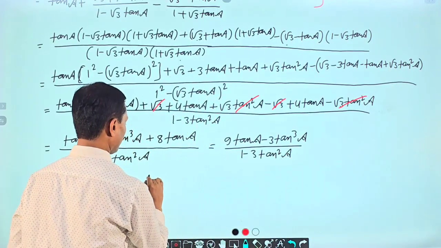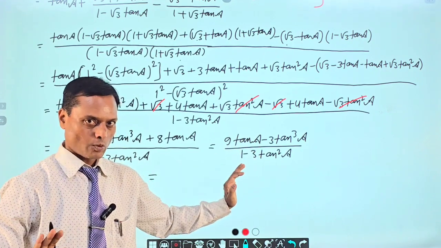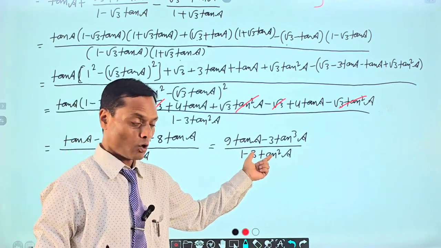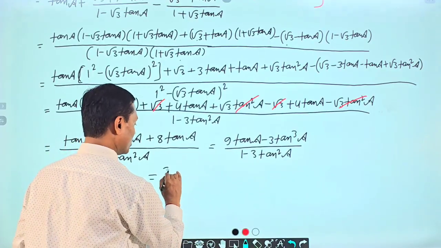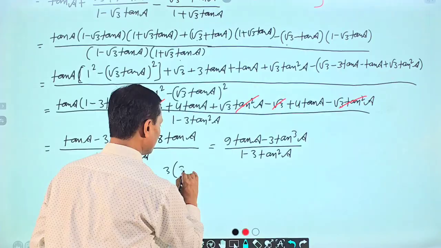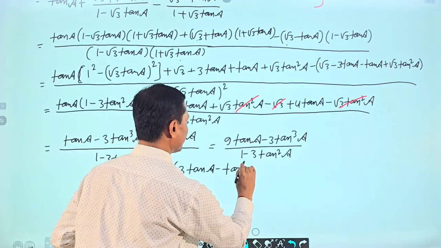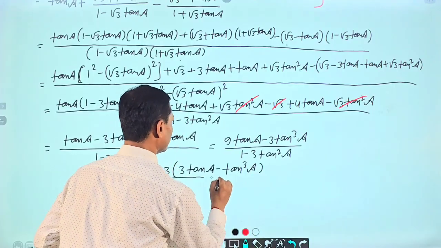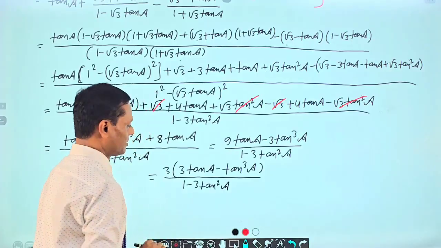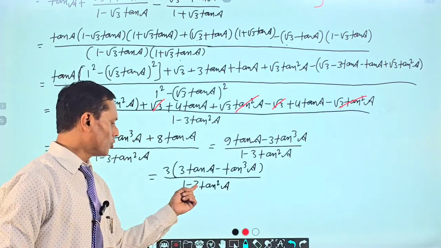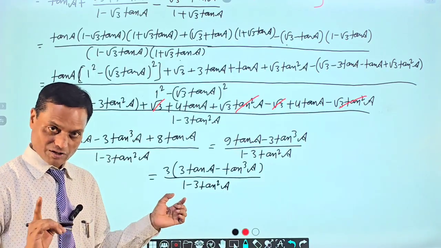Sure. Okay, next one. So we are going to take only 3 common, not more than 3. We can take tan A also common, you know, but only 3 is taken common here. Why? It comes in formula. So when you take 3 common, we'll have here 3 tan A minus tan cube A over 1 minus 3 tan square A, right, and 3 tan A minus tan cube A over 1 minus 3 tan square A is in the form of formula, tan 3A, not to forget.